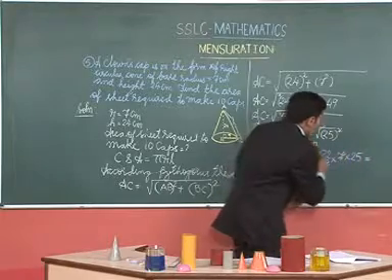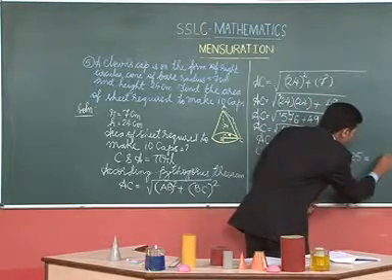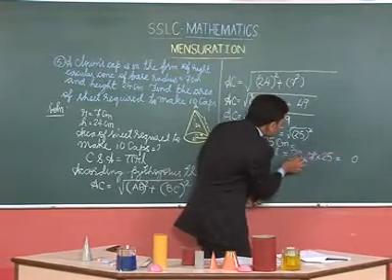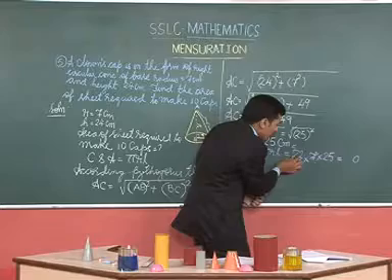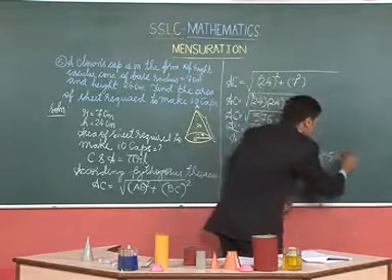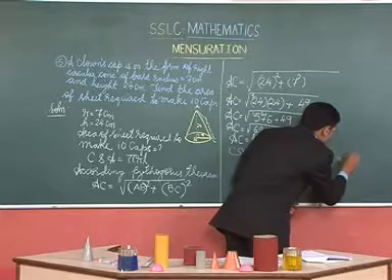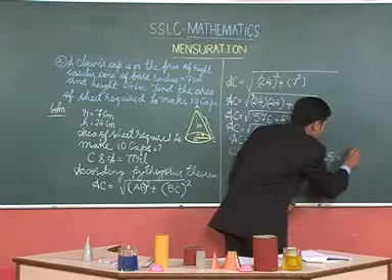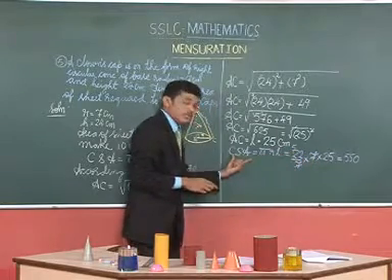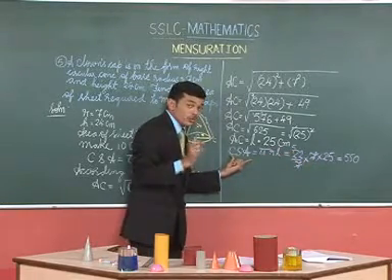25 twos are how much? It is 50. 5 is carried. 25 twos again, it is 50 plus 5 gives you 55. So 550 is the value of CSA, but the answer does not end here.